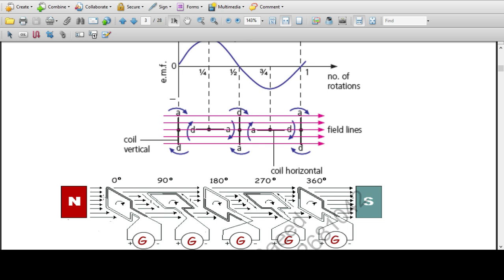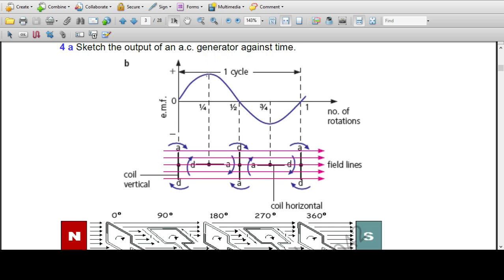When they are in parallel there will be no EMF induced. Here in this position, this coil is moving in this direction, so in this case EMF will be induced, at 90 degrees.